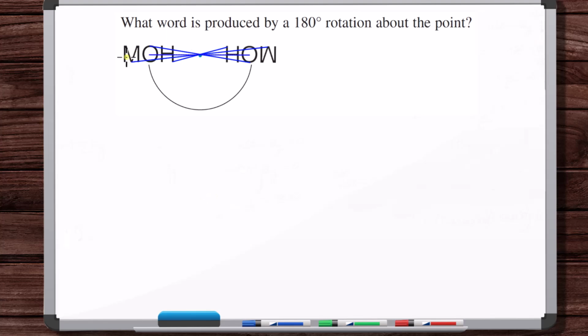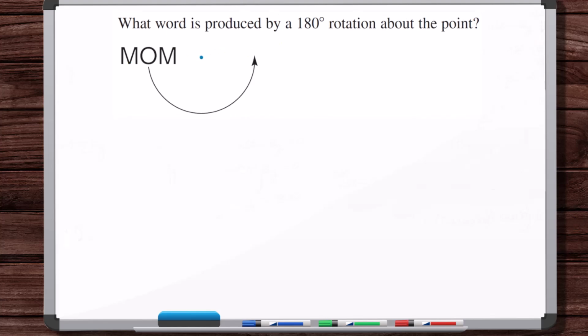Every single point on the figure rotated 180 degrees about that center point. That's how you mathematically think about what happens when a figure is rotated. And so now, what word is produced by this rotation? Well, the word how. What about here? We can see it's going to be the word wow.